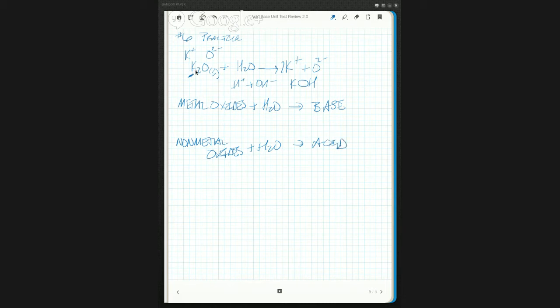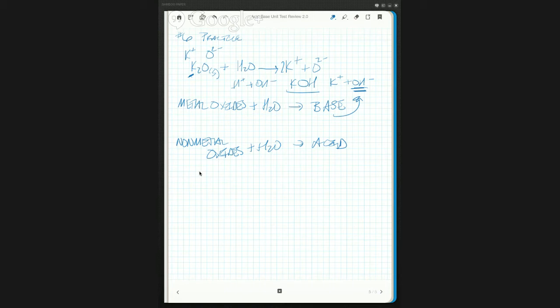So K2O plus H2O gives you KOH. Okay, and because it's soluble, the K ends up coming off. You get K plus and OH minus. So KOH itself isn't the base; it's the OH minus that's the base. So that's an example of that.